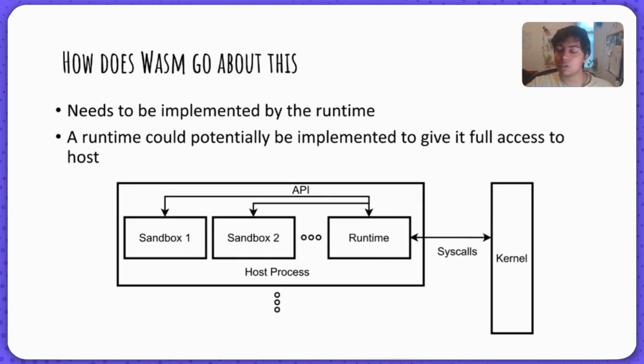This is exactly why a lot of things become challenging as well, and why there's a need for something called the WebAssembly System Interface, which we'll talk about later in the course. Doing the sandboxing this way does cause a lot of challenges, and we'll talk about what those challenges are and how to get around them later in the course.